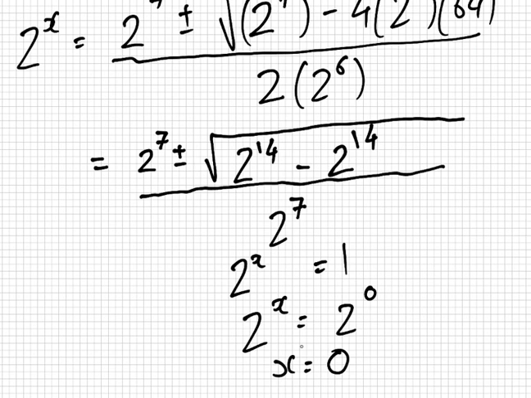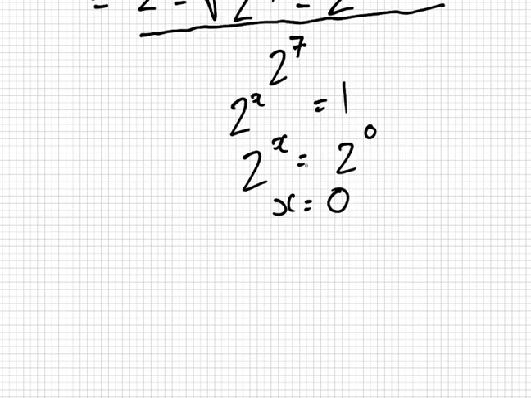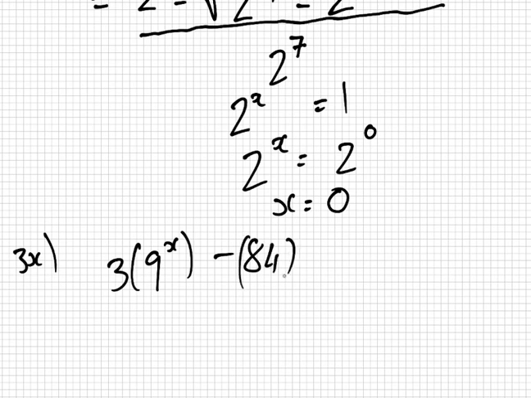Because you want to see it, or you think the answer's wrong? Alright, 3x. But I'll do it a bit quicker since we have the idea now. So 3x, 3 power 9x minus 84, 3 power x plus 81 equals 0.